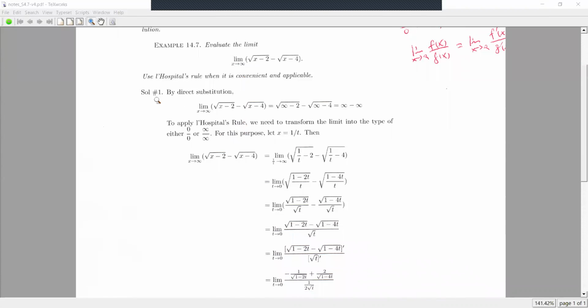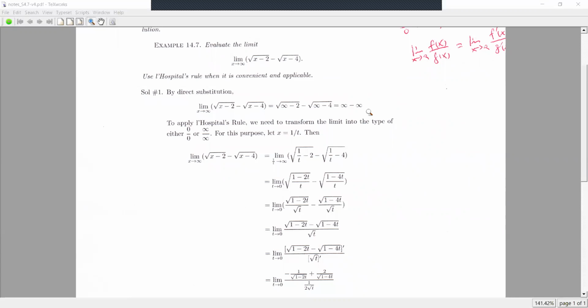Now solution 1. In solution 1, I want to use L'Hopital's rule to solve this problem. By direct substitution, I plug in infinity for x, and this number is infinity minus infinity. So I cannot tell what the number is.